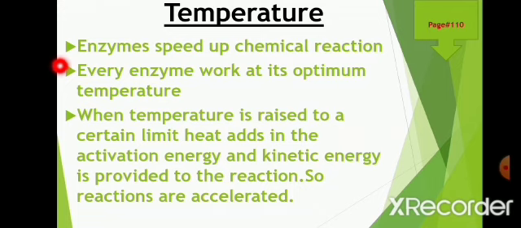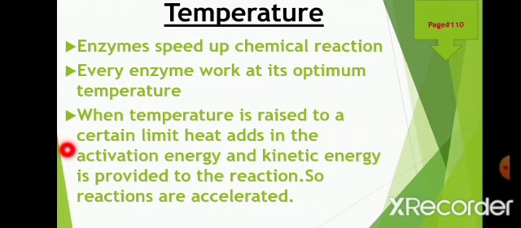That specific temperature is optimum temperature. When the temperature is raised to a certain limit, heat adds in the activation energy. Activation energy is the minimum amount of energy that is required to start a chemical reaction.